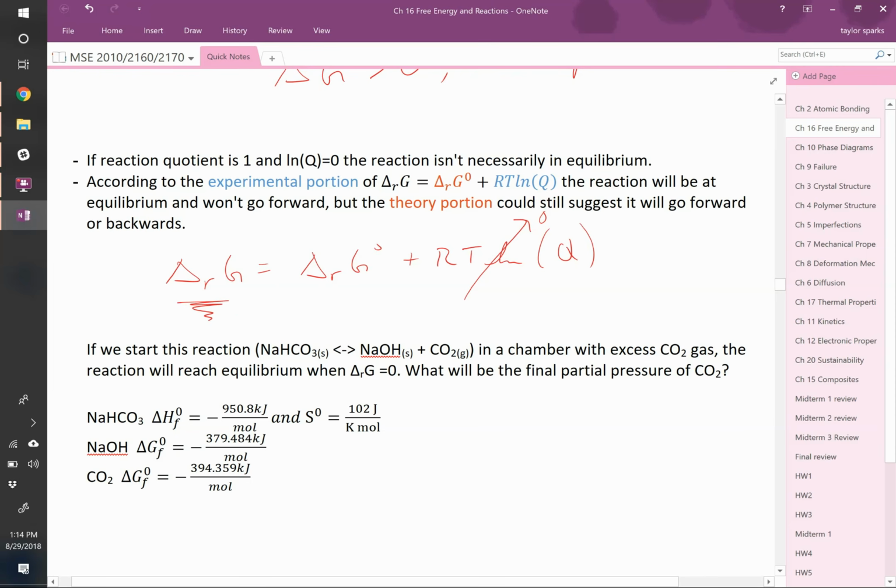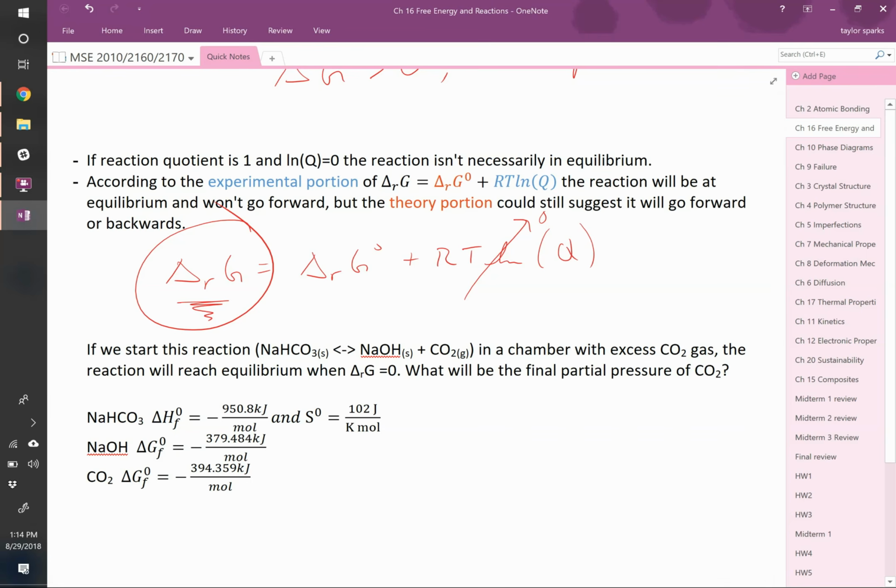And if delta Rg naught is non-zero, then you're not at equilibrium. Equilibrium is defined at the point at which this term right there is equal to 0. Or in other words, if you set that equal to 0, you could calculate what value of Q, or what temperature, right, would lead to your reaction being at equilibrium. So you might have a case where a reaction will stop if you get to a certain temperature. It will no longer go forward, right?